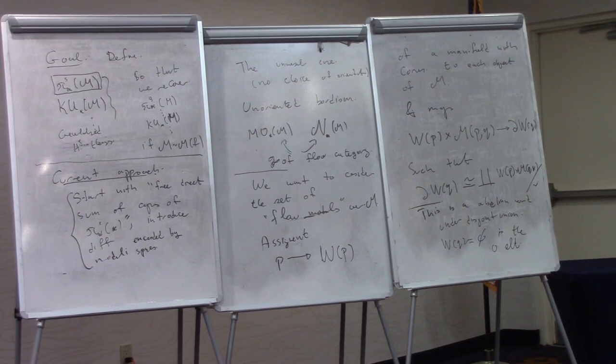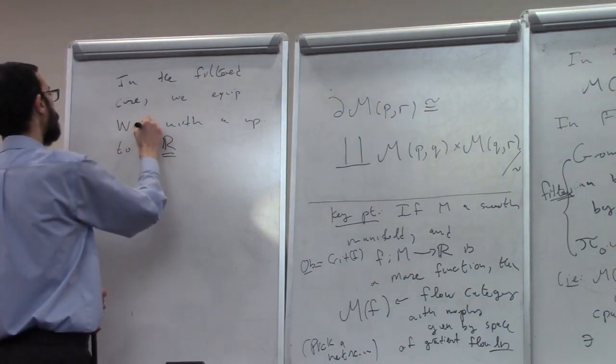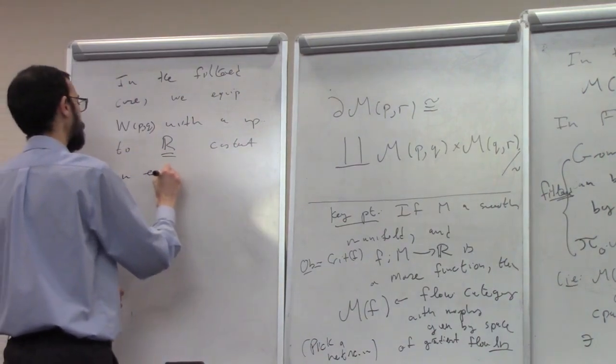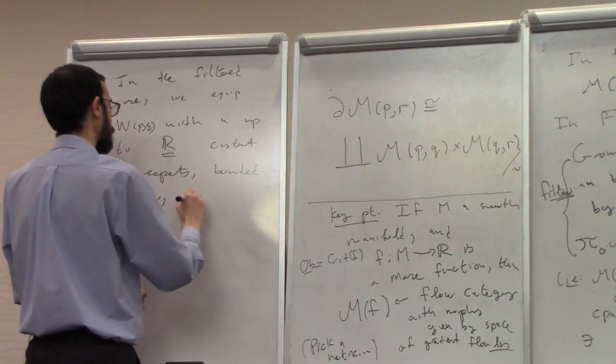In the filtered case, we need to equip W with a map to R. I don't want to pick it to lambda, I don't want to pick it to zero infinity, I want to pick it to R. I want this map to be constant on components, bounded below, and with discrete image.